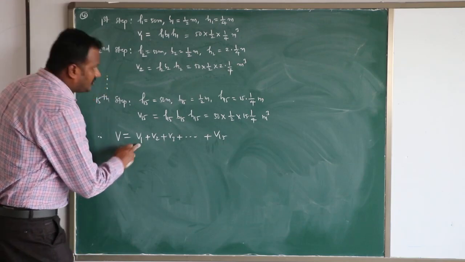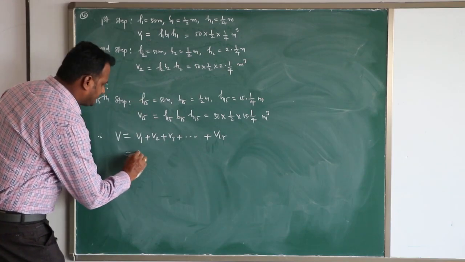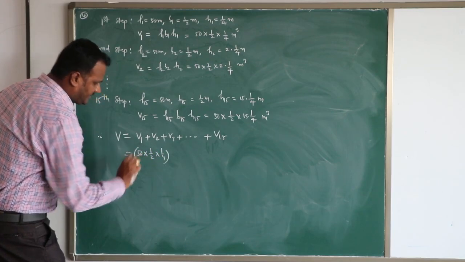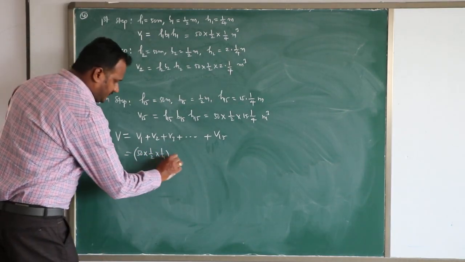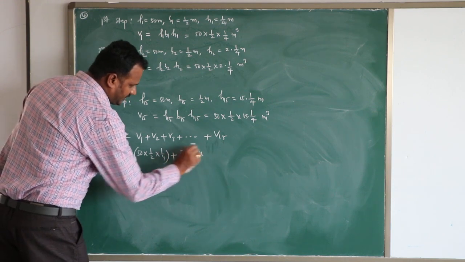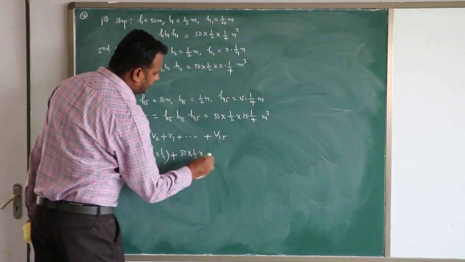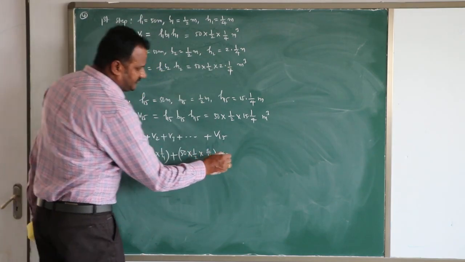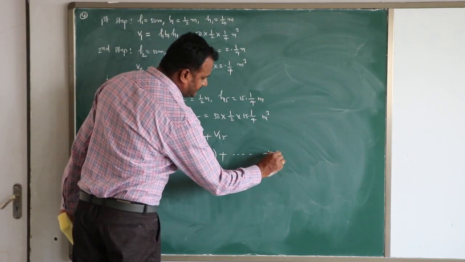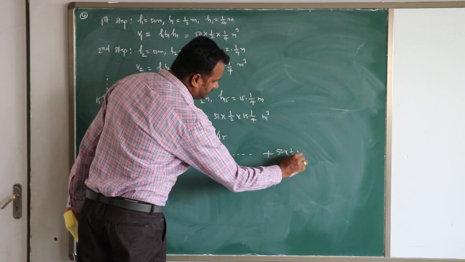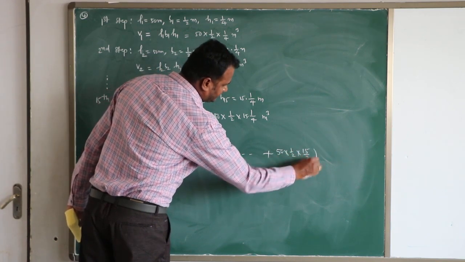The volume of the first step is 50 times 1/2 times 1/4, and the volume of the second step is 50 into 1/2 into 2 into 1/4, which I can write as 2/4, then the volume of the third step, fourth step, and so on, and the volume of the 15th step is 50 into 1/2 into 15/4.